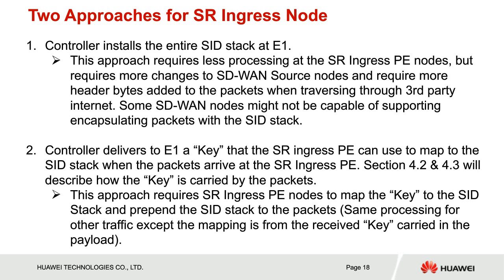But this approach requires lots of changes to the CPE node, and also requires quite a lot of coordination between the CPE node and the provider network. It may not be feasible for many service providers who don't want to expose internal information externally.